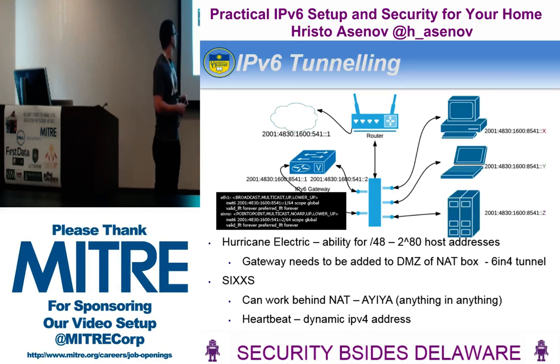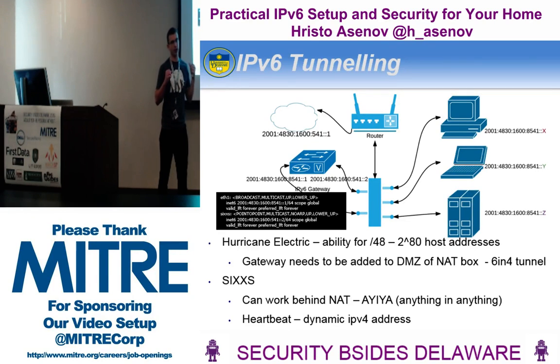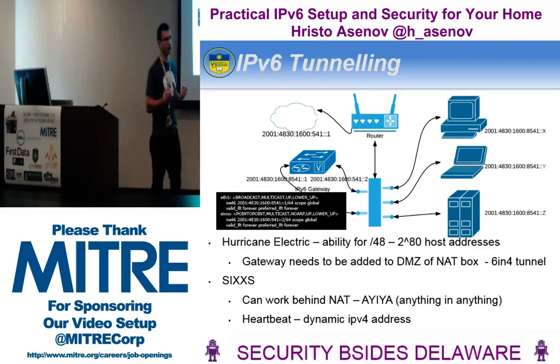And then you can see inside your network, you need to have a gateway of some sort. So your gateway is your tunnel endpoint. So in your gateway, you have a 541:2 address, and then on another interface towards your internal network, you have another v6 address. Like let's say here the assignment is A51:1.